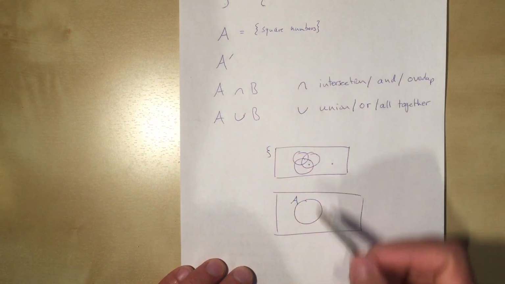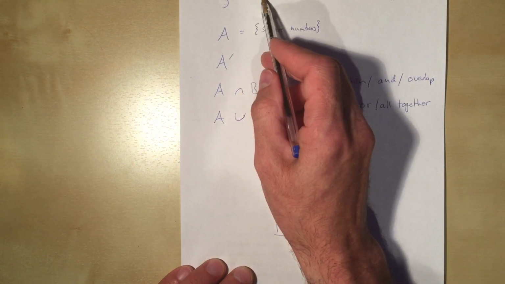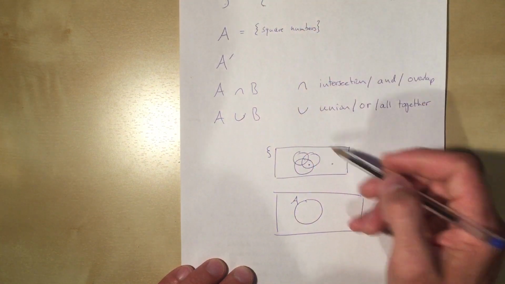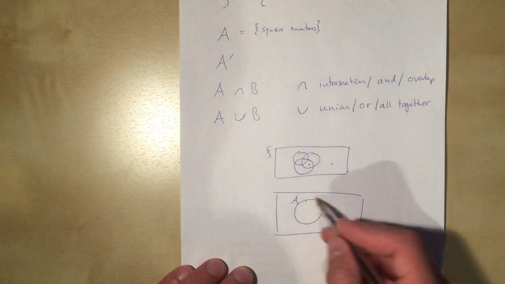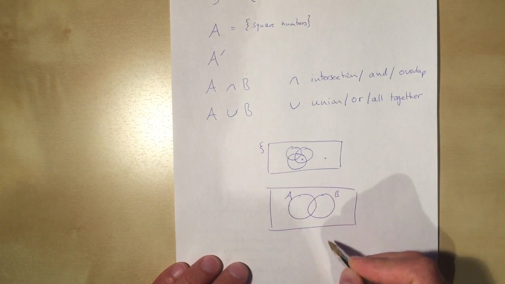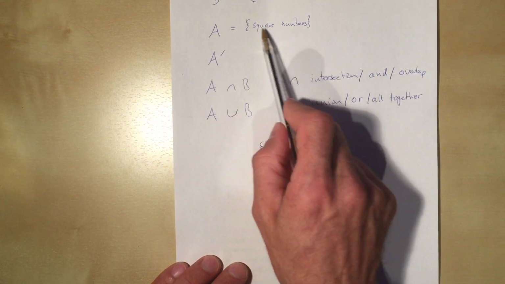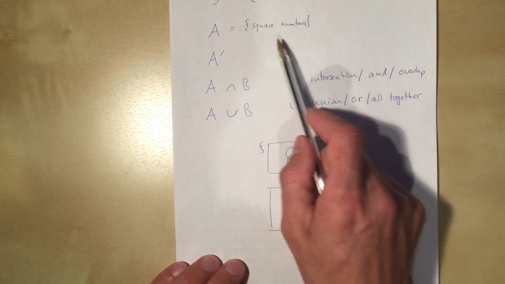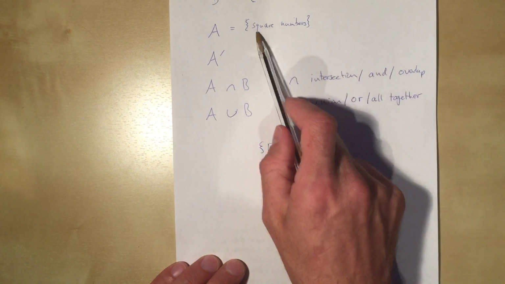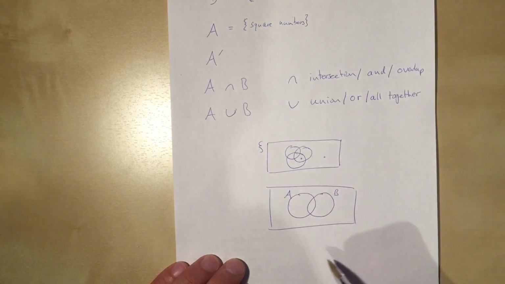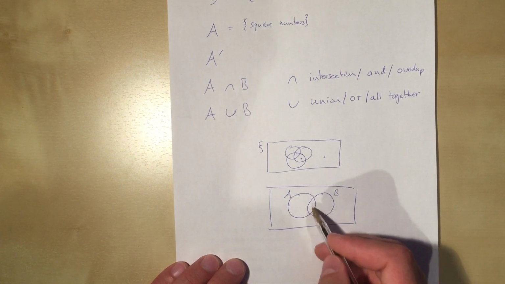And that would mean on my diagram, any numbers that are in the Venn diagram in the first place, whatever I decided to put in the Venn diagram, if they're square numbers, they're going to go inside set A. So I might have a diagram that would look like this, set A and set B, and I could say set A is the set of square numbers. I could say set B is the set of prime numbers or odd numbers or cube numbers, and then whatever fits the description for set A goes inside this circle, whatever fits the description for set B goes inside this circle, whatever fits the description for both goes inside this part here, okay?